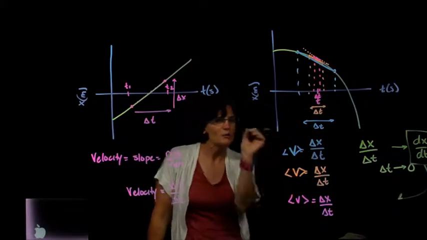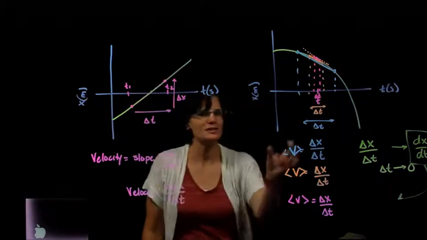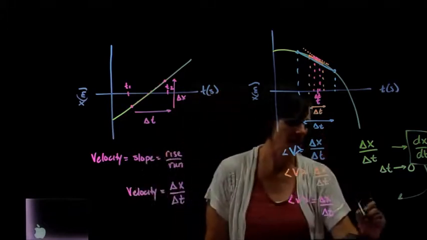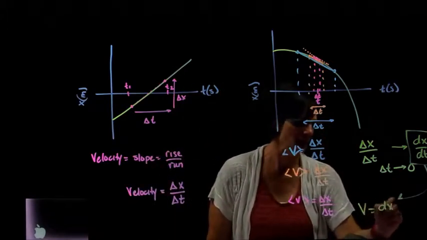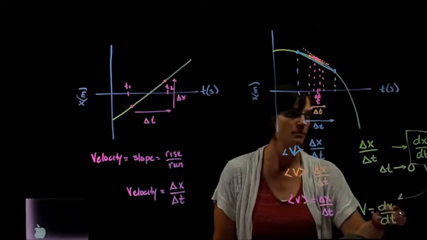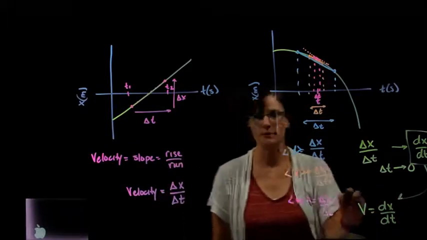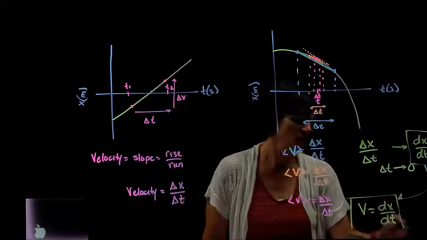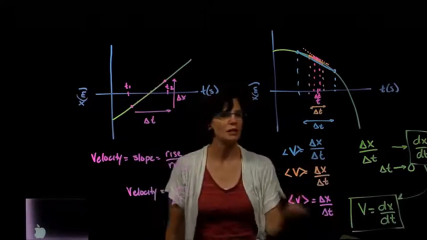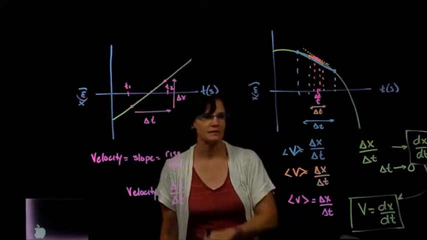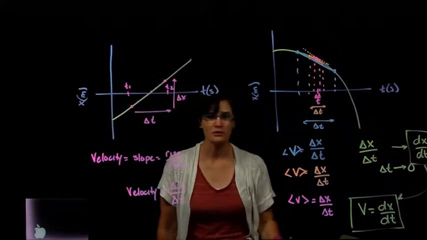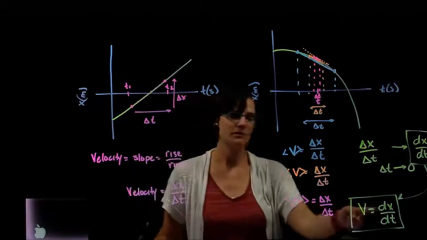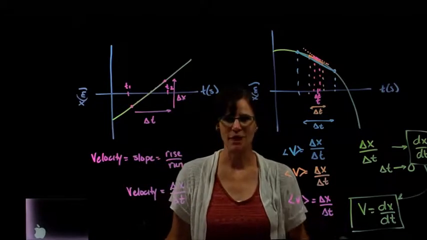As I make the changes in my run, the changes in time, smaller and smaller, the velocity is actually the derivative of the position as a function of time. We know position is a function of time, the object's position at various points in time. So this becomes our most generic relationship between velocity and position. It's not average velocity, it is the velocity. The velocity at any point in time is the derivative of the position versus time graph.